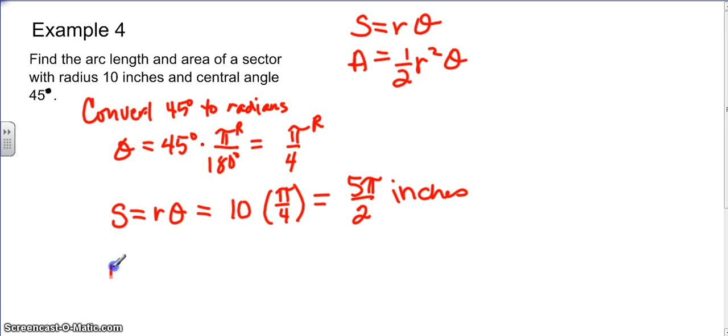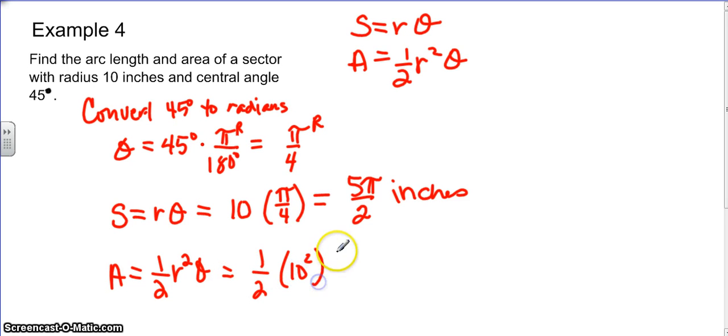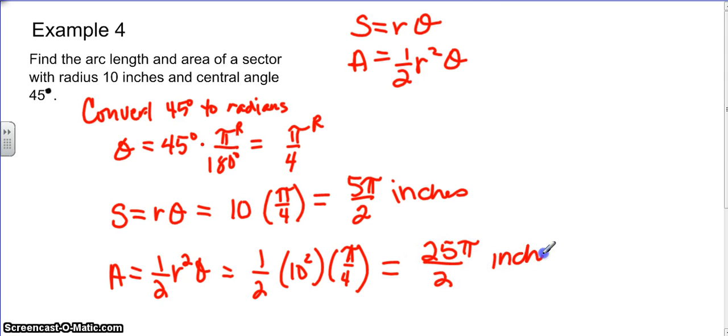The area of the sector is 1/2 radius squared times theta in radians. So that would be 1/2 times 10 squared times pi over 4, which would give me 25 pi over 2, and that would be square inches. Make sure you label these. The length is always in units, area is always in square units.